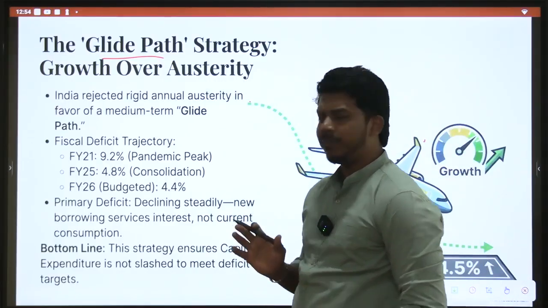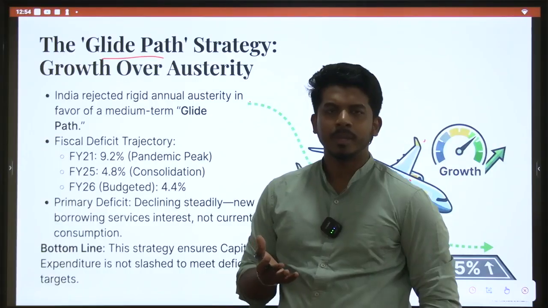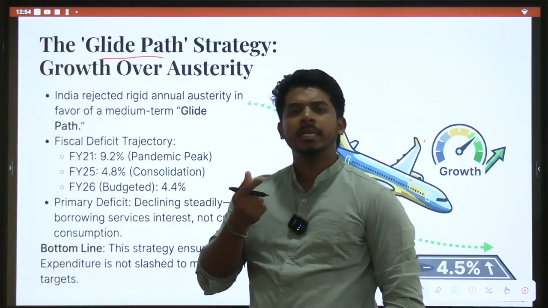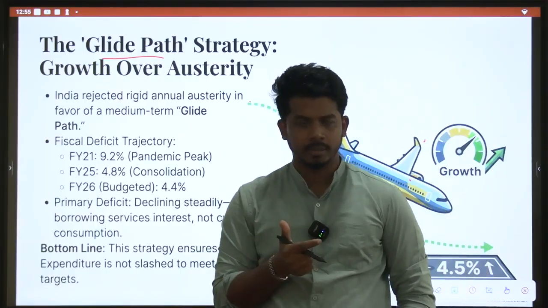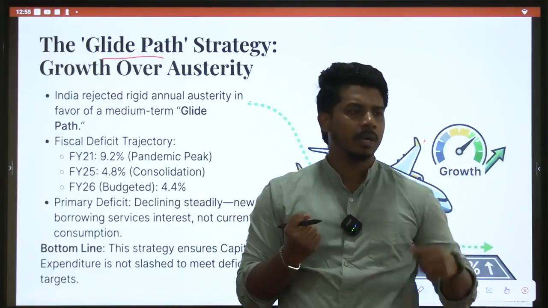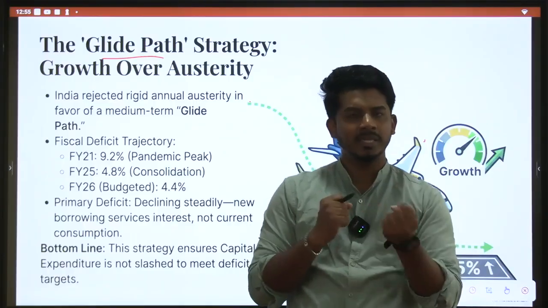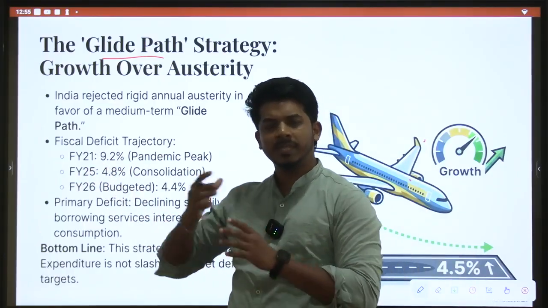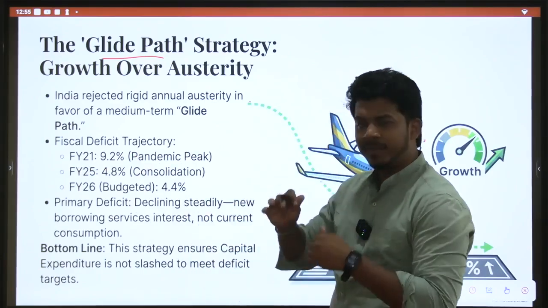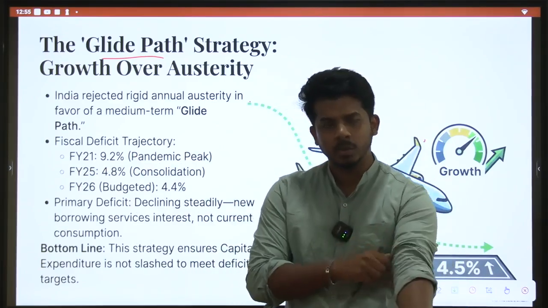Now, fiscal deficit means the difference between total expenditure and total revenue of the government. How much I am receiving, how much I am spending. The difference is the fiscal deficit for the government. If you see the fiscal deficit of the Government of India after COVID, in 2020 we saw COVID.